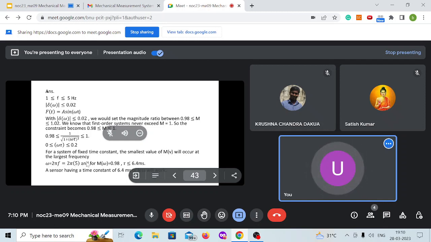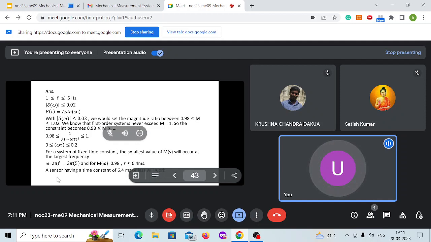For the 0.98 amplitude ratio, omega tau is 0.2, and substituting the omega value, we find that tau is 6.4 milliseconds.